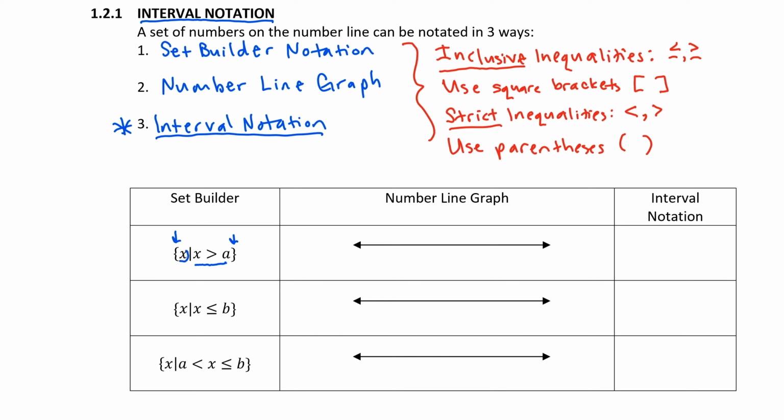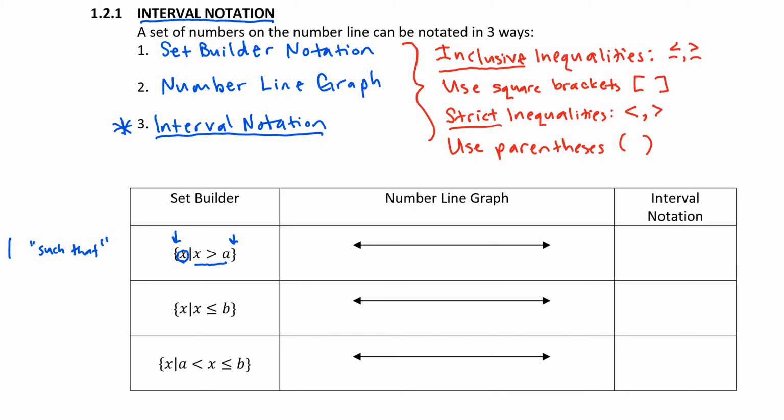And right here, we identify the variable of the inequality, and the vertical bar is read as such that. So if I wanted to read this solution, I would say the set of all x such that x is greater than a. This is a fancy way of presenting the solution to an inequality, and we're not going to focus on that as much as we are interval notation.